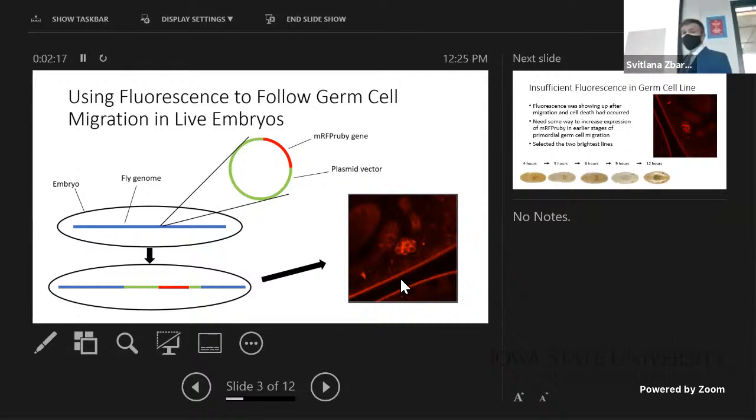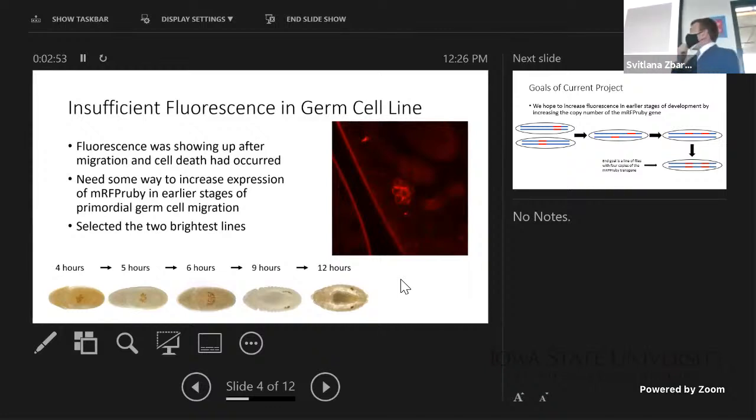To get this image, we inserted that MRFP Ruby gene right into the fly genome, as you can see in that figure, along with the plasmid vector, represented in green. We have that gene inserted into the fly genome using transposable elements. Several researchers a few years before I joined the lab performed those experiments and generated multiple different fly lines that have inserts of that fluorescent gene.